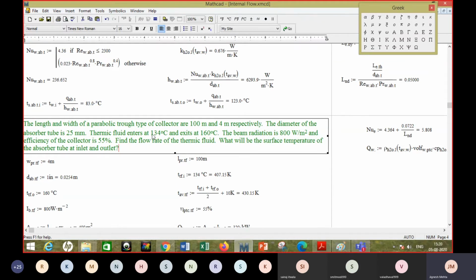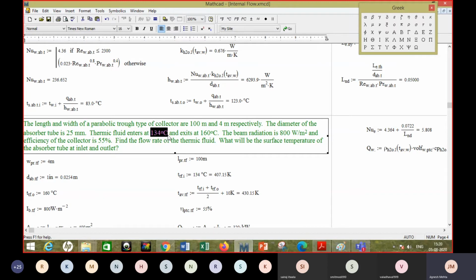Right. So your fluid will enter at 134 and come out at 160, but it is flowing inside a tube. Again, we are going to assume that it's a thin tube, and the outer and inner surface temperature of the tube is not much different, but it is certainly different from this 134 and 160. And what is the reason? The reason is that there is a finite heat transfer coefficient which is related with the internal flow.